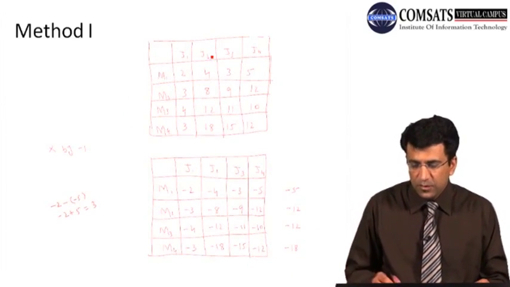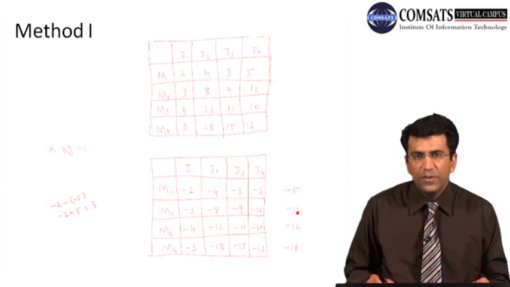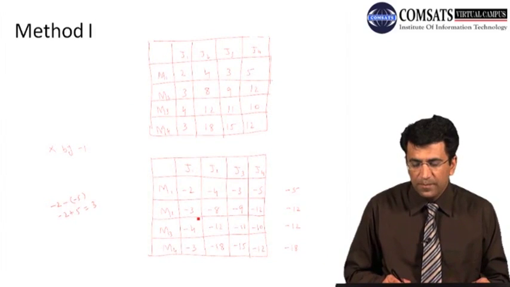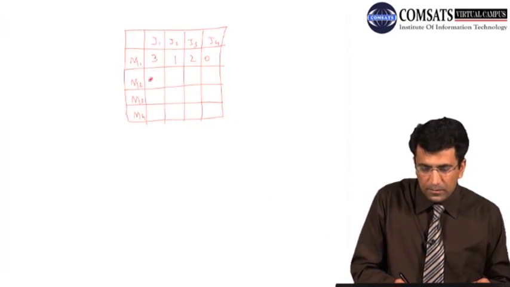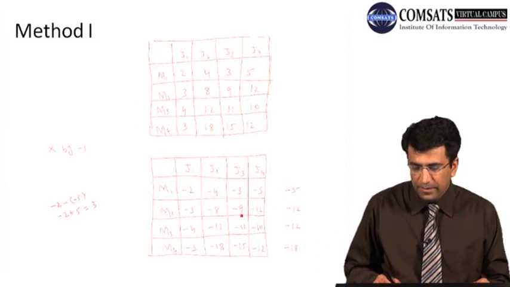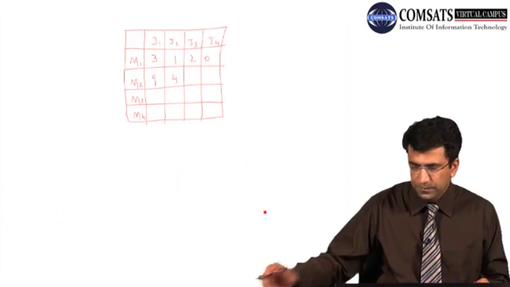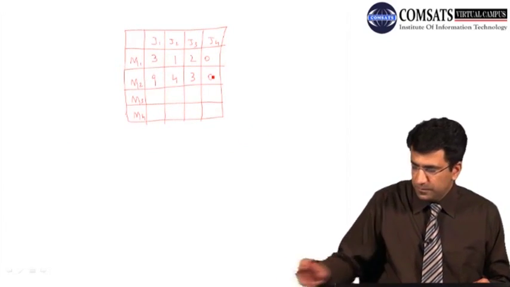Similarly, in the next row the minimum value was -12, so -3 minus -12, it will become positive. So 12 minus 3 will become 9, 12 minus 8 will become 4, and again minus 9 plus 12, it will become 3 and 0.